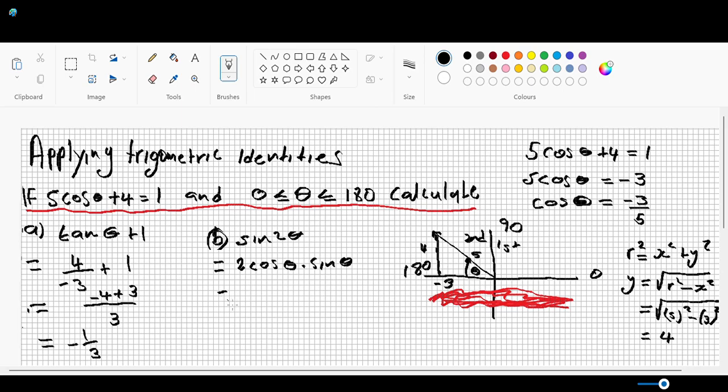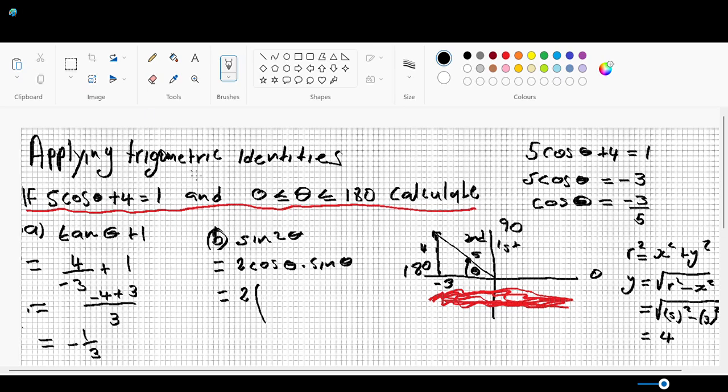Now we have to start substituting. So this is 2 obviously, and then you're going to multiply it by cos theta. Now cos theta, you still remember, is negative 4 over... oh yes, I thought I made a mistake, guys. No, that is not it.